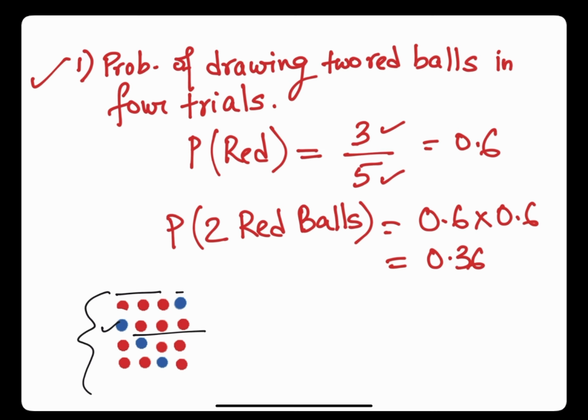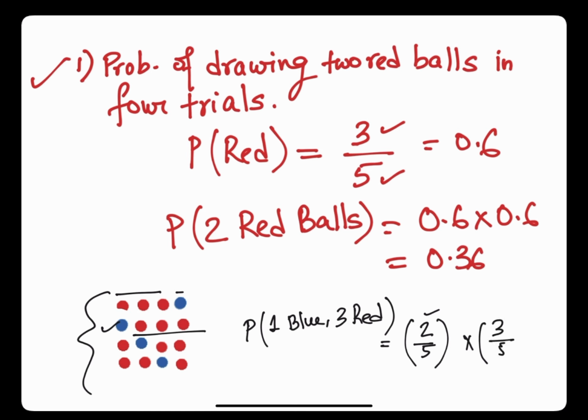So for each sequence, we have one blue and three red. It gives us 2/5 multiplied by 3/5 multiplied by 3/5 multiplied by 3/5, which gives us 0.0864.